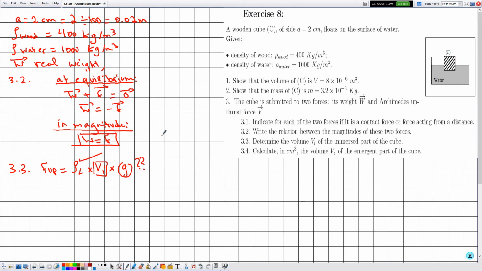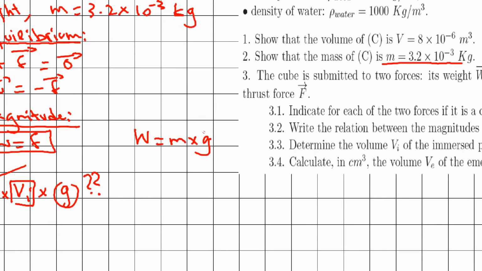So W, because it represents the real weight, can be calculated using the following formula. We are lucky because we know the value of M to be 3.2 times 10 to the power minus 3 meter cube. However, we face the same problem, which is we don't know the value of G.